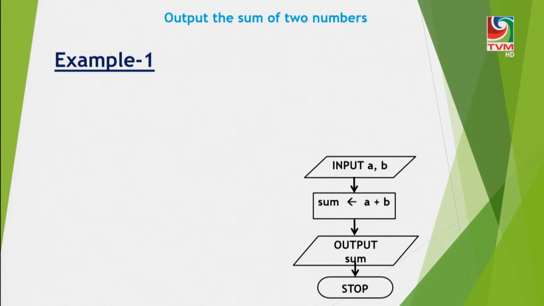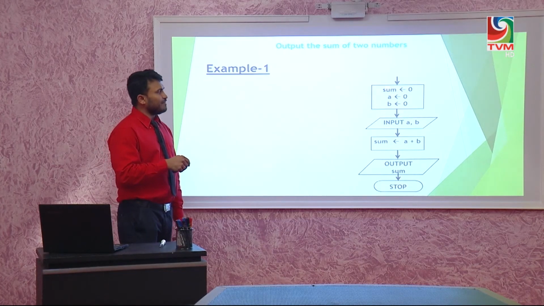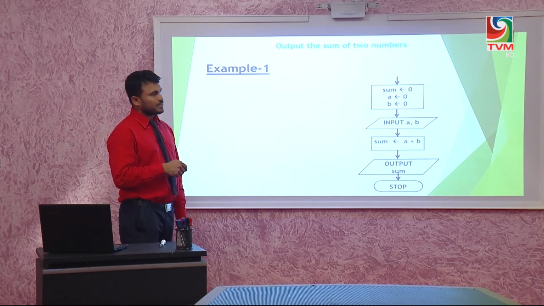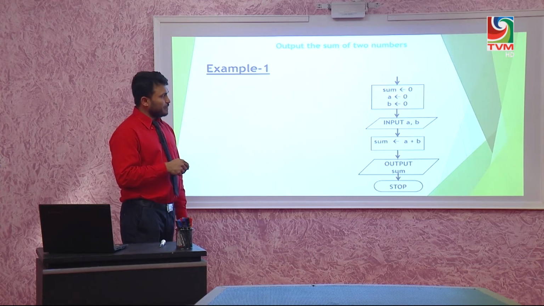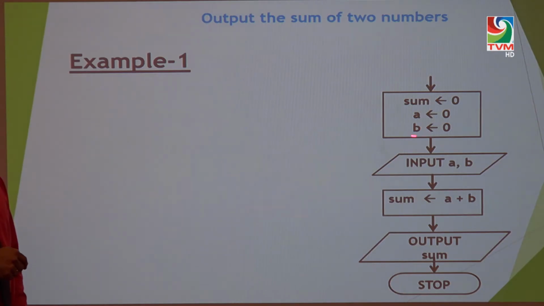And why I am showing this last is that this part is not necessary to write in every flowchart, because this is the initial value of the variables. Initial value means the starting value. The starting value of sum is 0, of A is 0, of B is 0. So it is not necessary to write it in all flowcharts, so I just keep this part last.